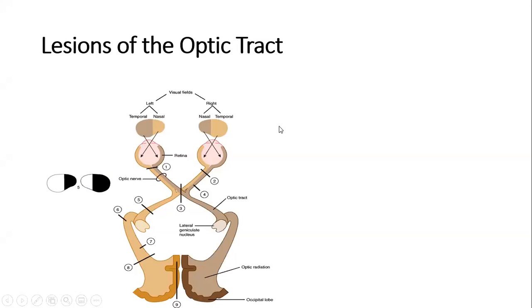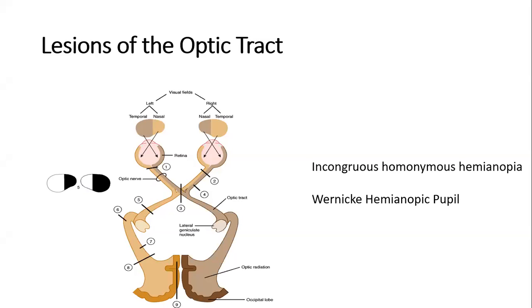Okay, it's simple here. Apart from that, we already said that the more anterior the lesion is, the more incongruous it will be, and as we go posterior, it will become more congruous. Apart from that, there is also the Wernicke's hemianopic pupillary reaction. So this is simple: you shine light into the affected retina. Suppose you shine a thin beam of light into the temporal retina here.